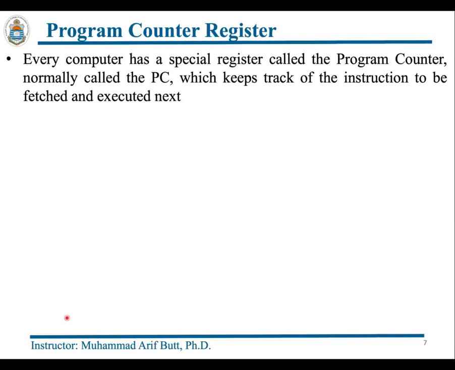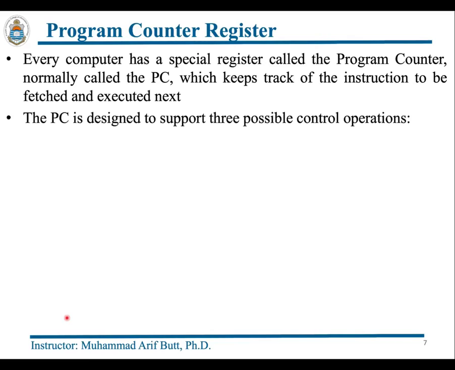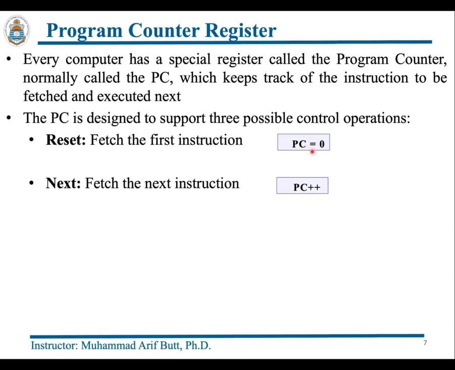So every computer has a special register called the program counter, normally called the PC, which keeps track of the instruction to be fetched and executed next. And this PC is designed to support 3 possible control operations. The first is reset, that is fetch the first instruction, that is we want the PC to contain 0. The other one is next.